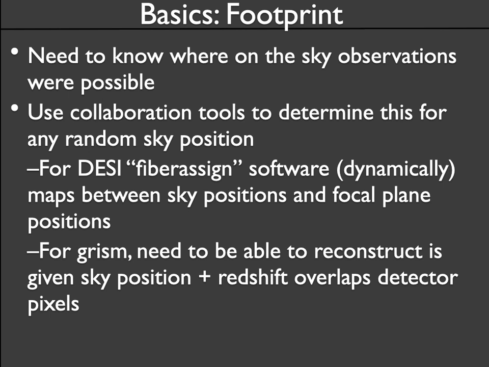In order to reconstruct the sky position from what you observe from the grism, you'll go in one direction. You should be able to go in the opposite direction to take a random point and say, where would this line have showed up on our detector if it was from a galaxy at this given position.